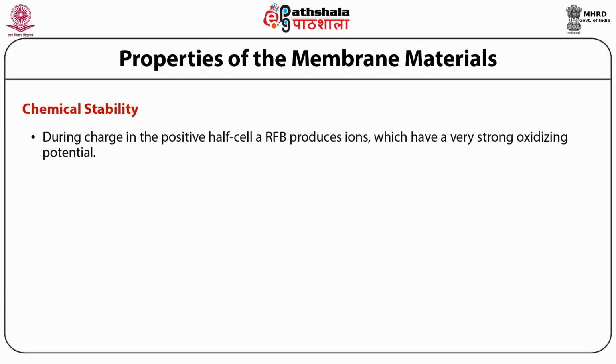During charge in the positive half cell, an RFB produces ions which have a very strong oxidizing potential. Since these ions are in their highest oxidation state, they will act as an electron acceptor to fall back to the more stable oxidation state.